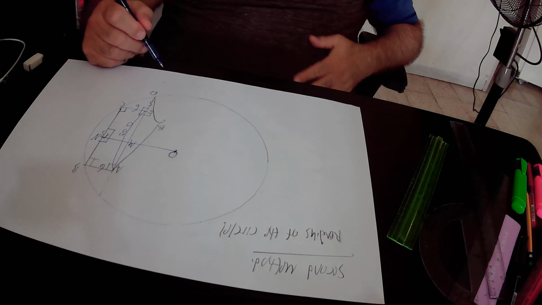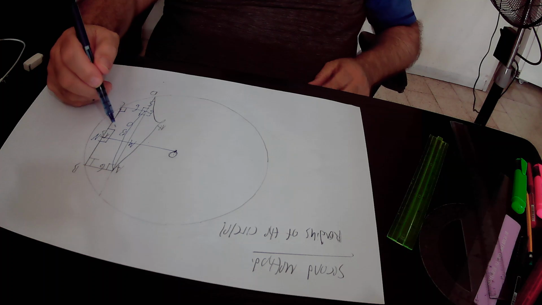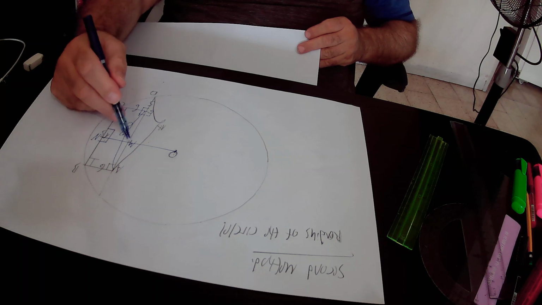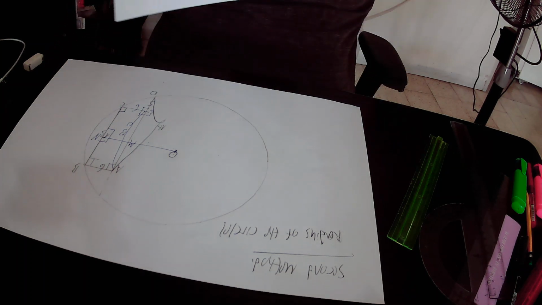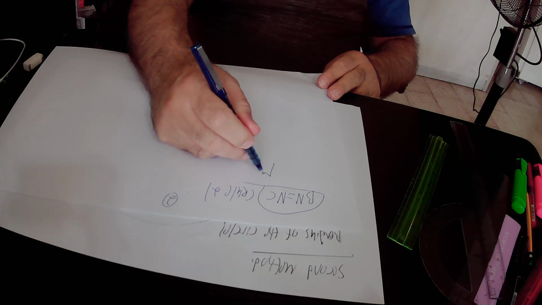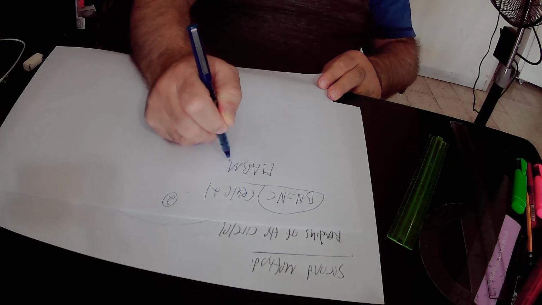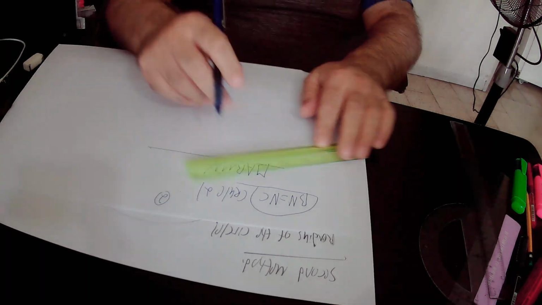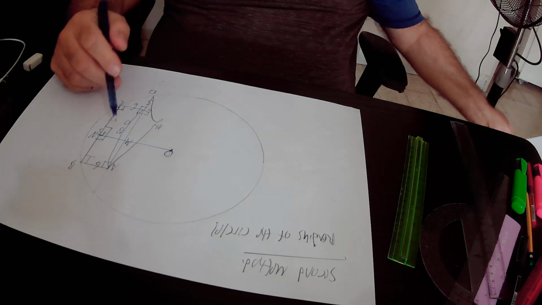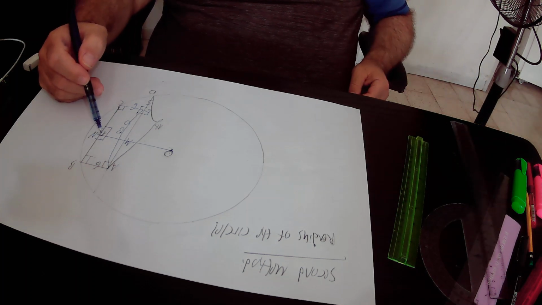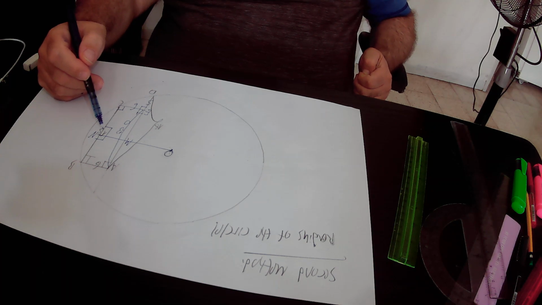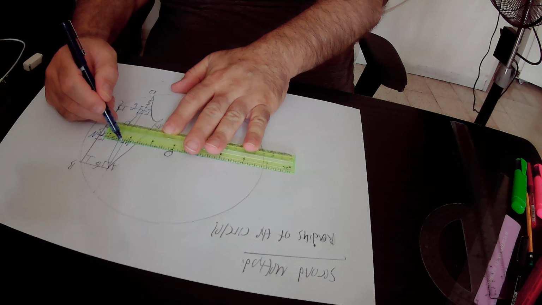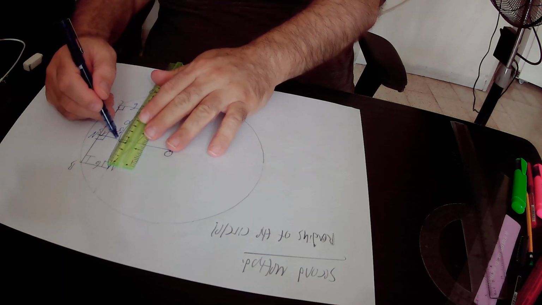So we will focus on the upper quadrilateral ABMN. In quadrilateral ABMN, we have 1, 2, 3 right angles. Therefore, the fourth angle must also equal 90 degrees, according to the rule that the sum of the angles in any quadrilateral is equal to 360 degrees.